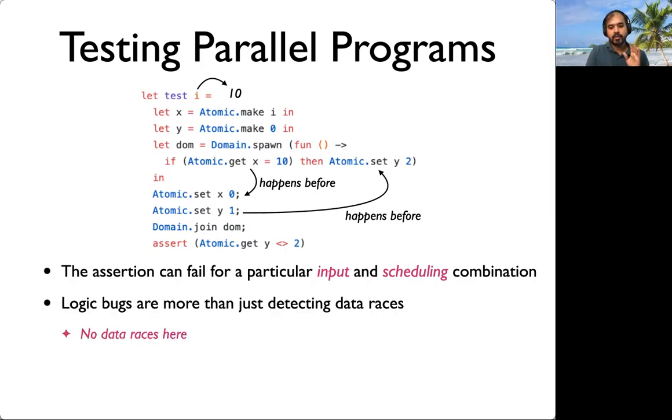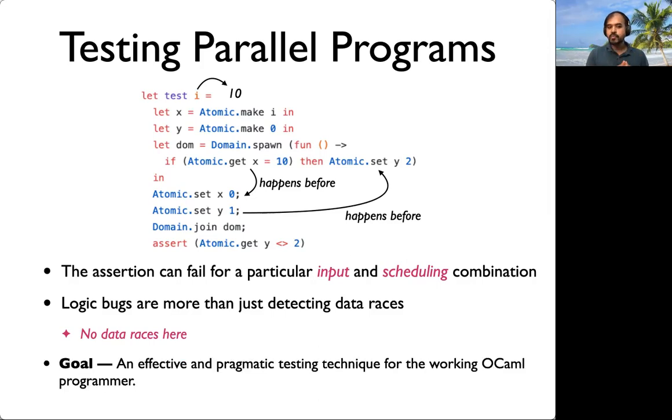And the point to notice here is that these sort of bugs are what I call logic bugs. These are much more than just detecting data races, right? And in particular, there are no data races in this program. So even if you were to use a language like Rust, which avoids data races by construction, these sort of bugs may still manifest.